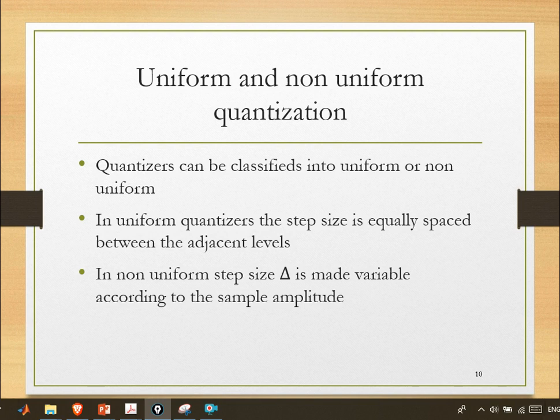Sometimes, if you remember, when you talk loudly, you have peaks, but when you talk with a low voice, you don't have too many peaks. Now, if your step size, the quantization size, the difference between the quantized levels, is fixed, and you use it for any situation, then if you are talking loudly, you would need too many digital steps, and these will not bring any difference to you.